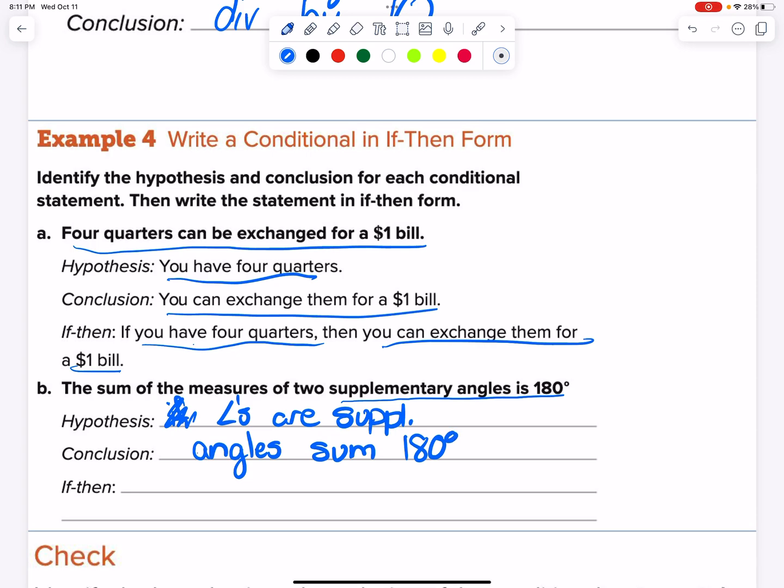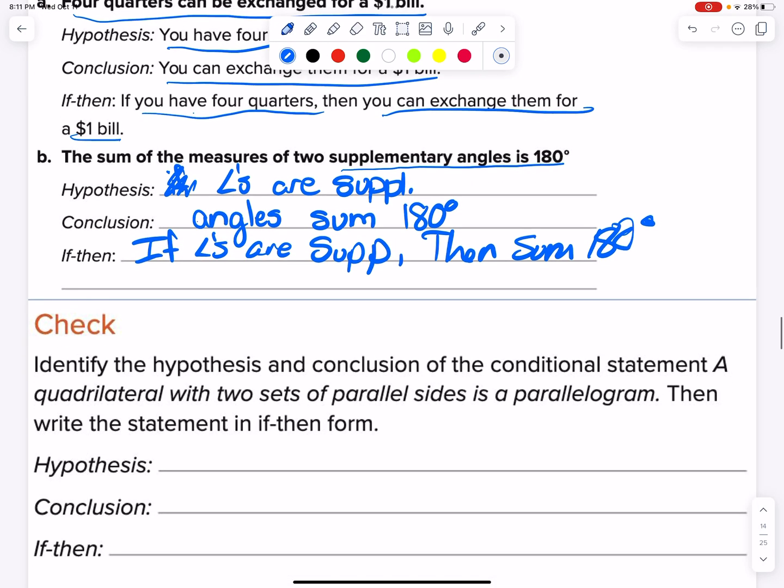Okay, so again, kind of abbreviating it here for time. If angles are supplementary, then sum 180 degrees. Okay, so again, pause, take a second, try to write out your hypothesis and conclusion.